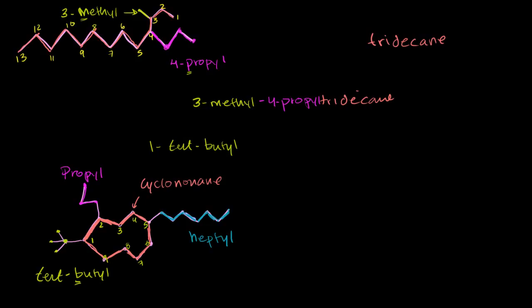H for heptyl. So then it is 5 heptyl. And then we have the propyl, and it is 2 propyl. And then finally cyclononane. And we're done.